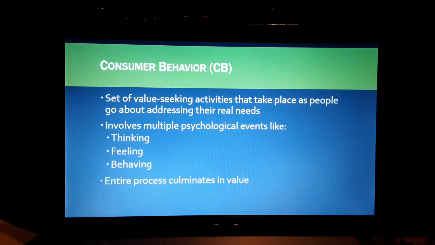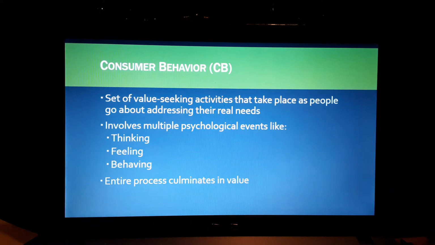So what is consumer behavior? The whole point of marketing is to create value for customers. And as we buy things, it's supposed to satisfy some sort of need and ultimately create value for customers. Again, as you remember from Marketing 1, the two goals of marketing are to create value for customers and build strong relationships, and consumer behavior plays a really large role in that.